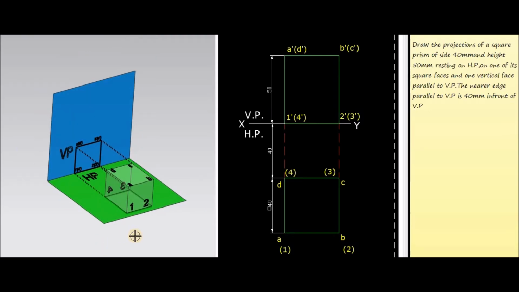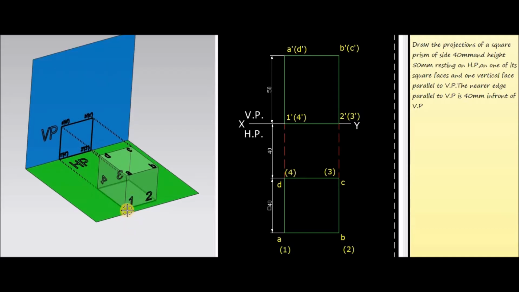Now it is given that the side of the prism is 40 mm. That means side AB or BC is equal to 40 mm, or 1-2 or 2-3 is 40 mm, and the square prism is resting on HP on one of its square faces.